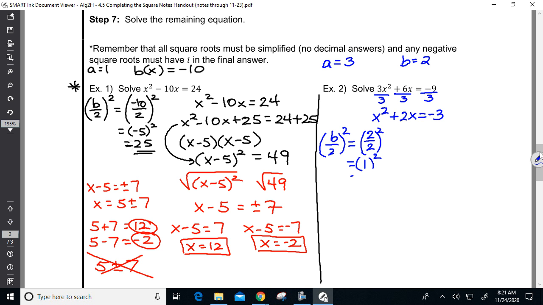That's 1 squared, which is 1. So that means we're going to add 1 to both sides of this equation. X squared plus 2x equals negative 3. So you're going to add 1 to both sides.